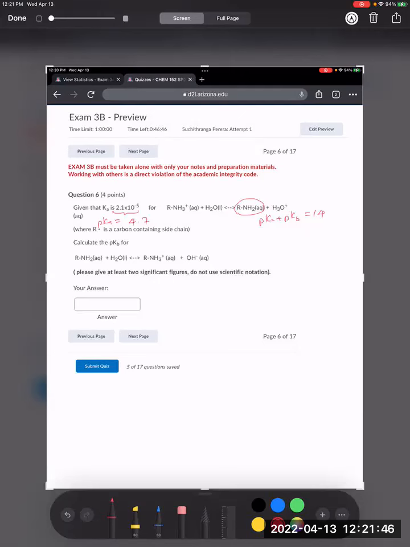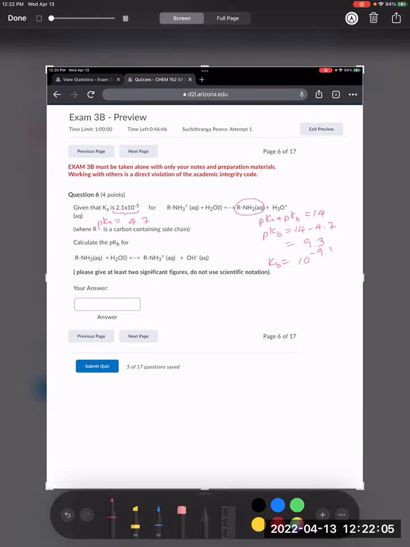And then therefore the pKb must be 14 minus 4.7, which is 9.3.